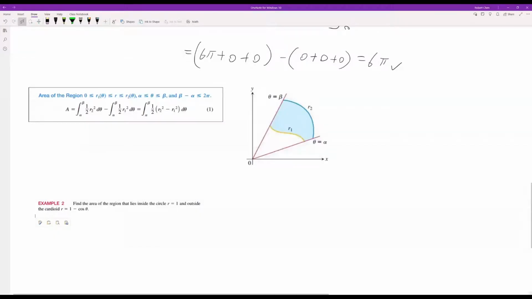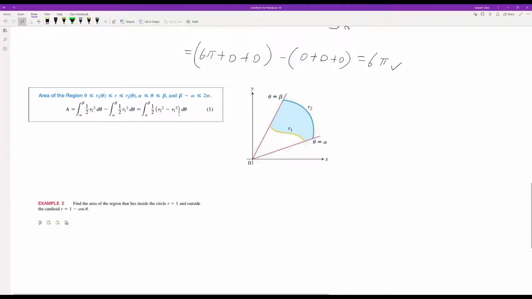Just like Cartesian functions, we can also look at the area between two curves, right? For example, if we have two polar equations, R1 and R2, and we want to look at the area that's bounded by these two functions, right? So take the same thing, we take the area under R2, subtract the area under R1, and then to simplify it, we can just do 1/2 of R2 squared minus R1 squared.